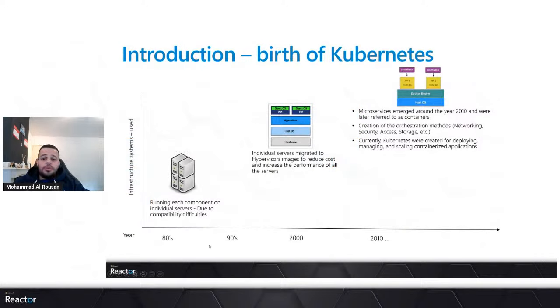This slide shows a bit of history on how companies used to run software components since the 80s until they reached Kubernetes. Starting from the 80s to the 90s, we used to run software or services, in general, components on individual servers.